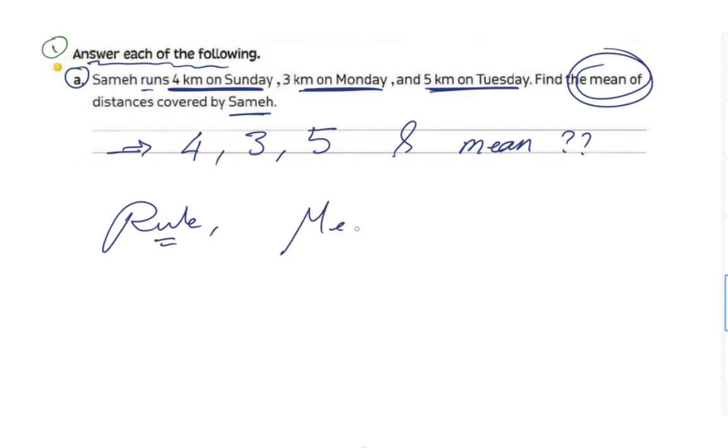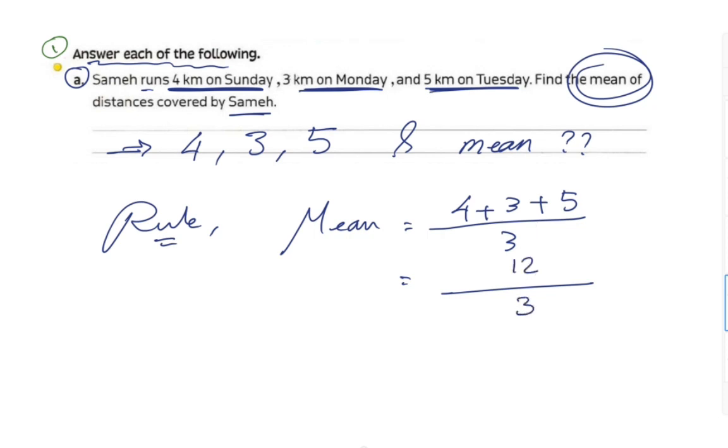Now I can say that the mean equals the sum of all of these values divided by 3, the number of them. 1, 2, 3. Now the mean equals 4 plus 3 equals 7, plus 5 equals 12, over 3, equals 4. Now the mean equals 4.